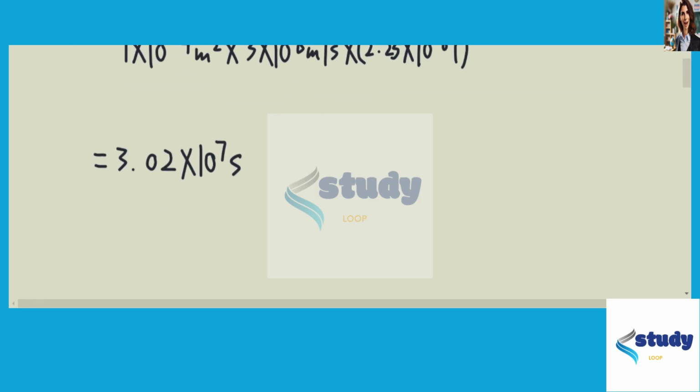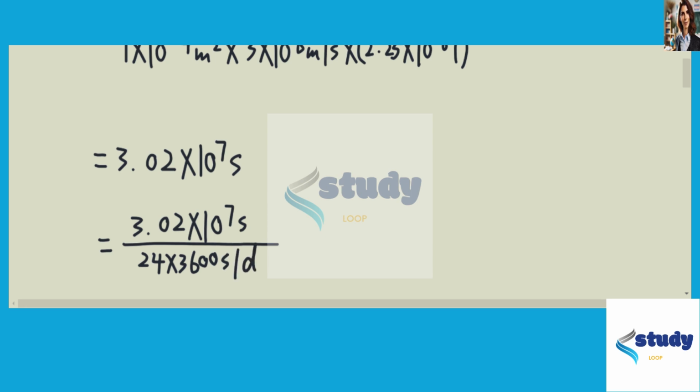If we convert to days, it's equal to 3.02 times 10 to the power of 7 seconds over 24 times 3600 seconds per day, since we know in one day there are 24 hours, and in 1 hour there are 3600 seconds.